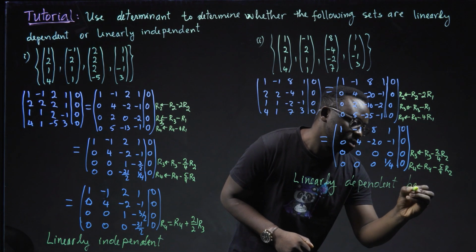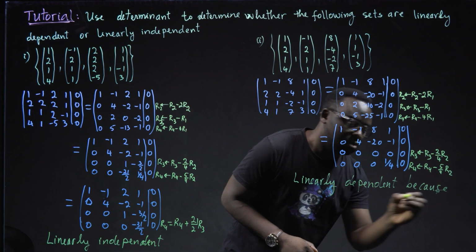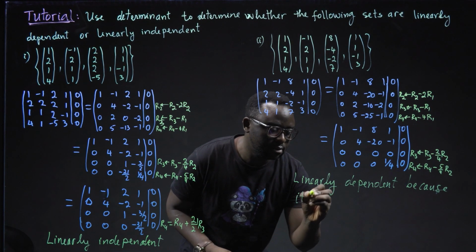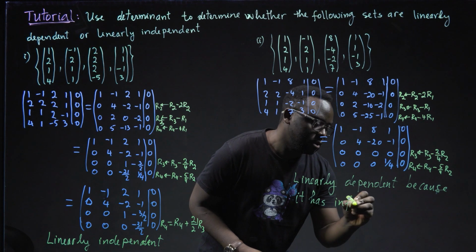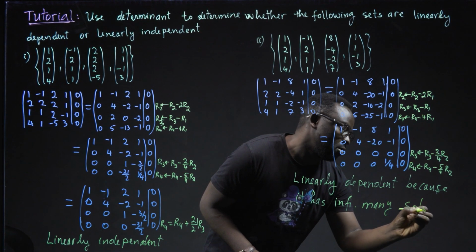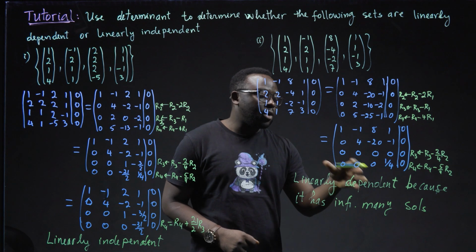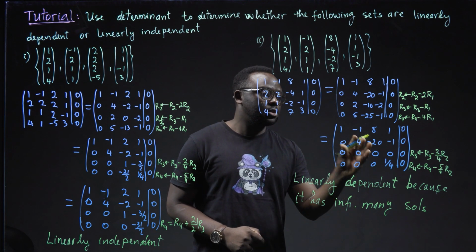Because it has infinitely many solutions. This is the reason why this system is linearly dependent, because it has infinitely many solutions.